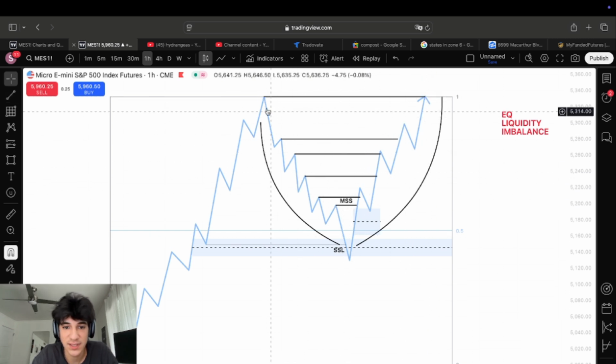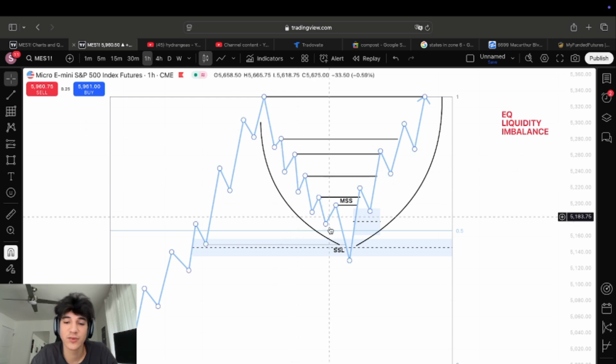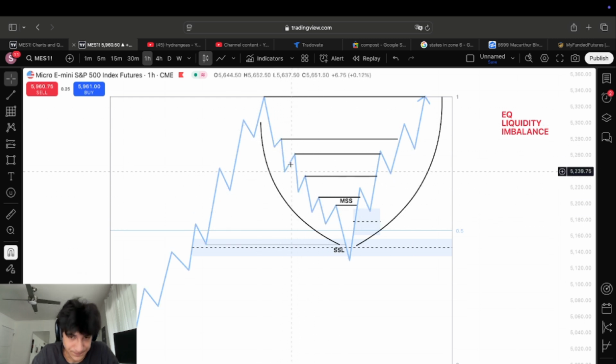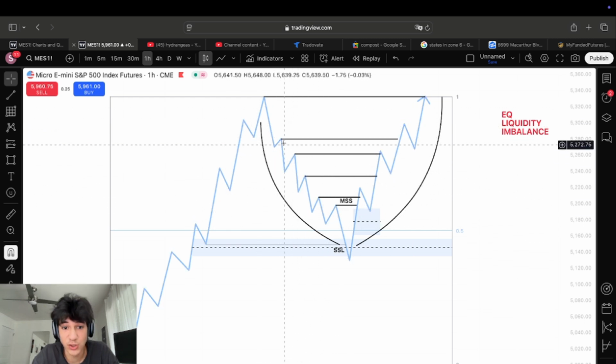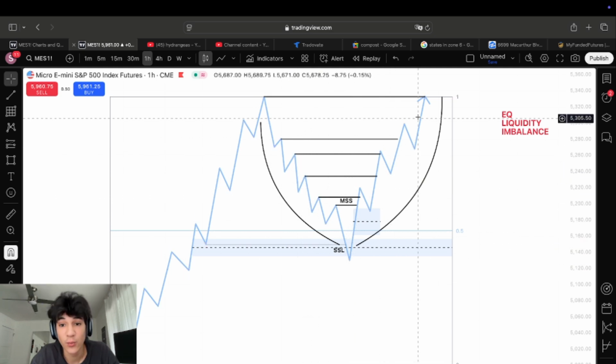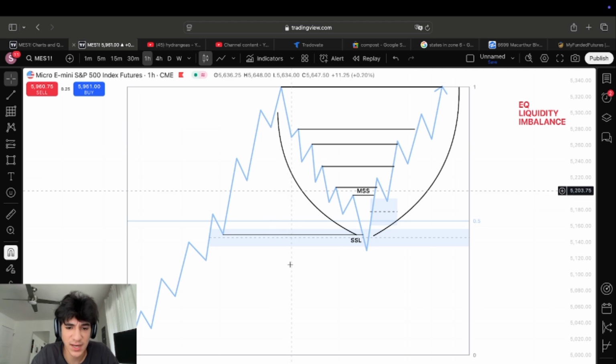And so the whole idea is that on the way down, you're generating buy side liquidity for price to later return to and take out. And then vice versa, if we're going down, the buy side of the curve would be generating sell side. So we'll see it here.